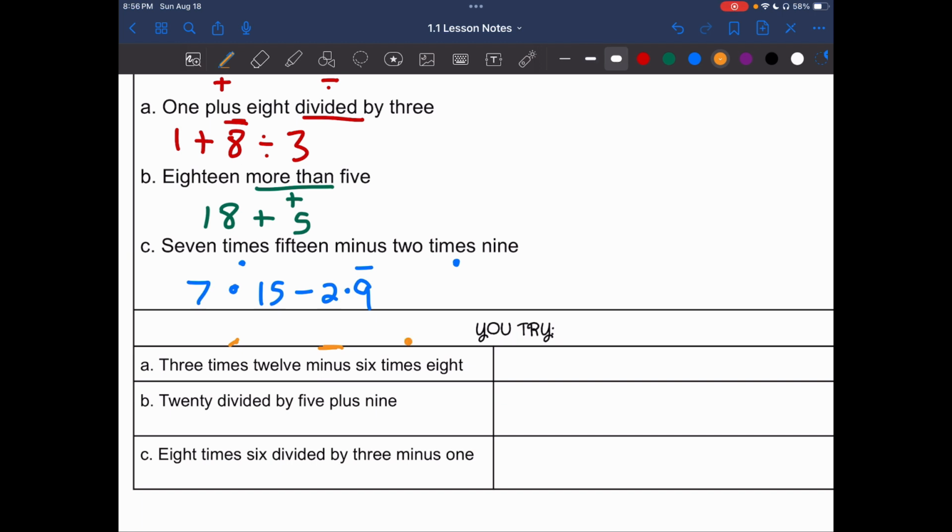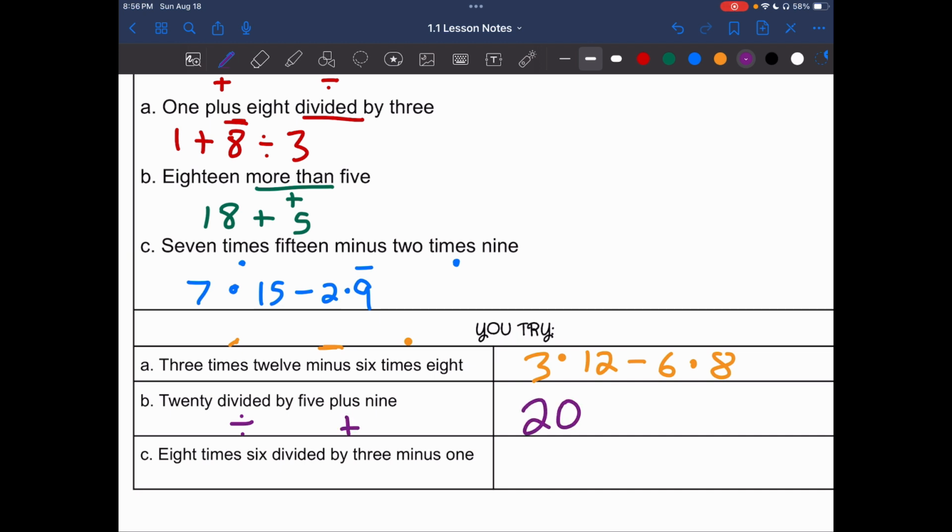So we're going to do 3 times 12 minus 6 times 8. You try problem B, we have 20 divided by, so we're doing division, 5 plus 9.